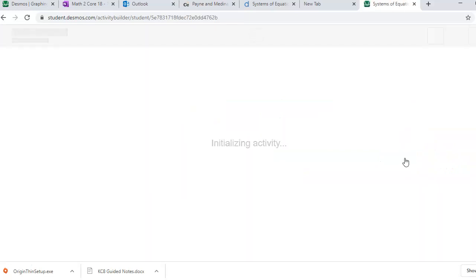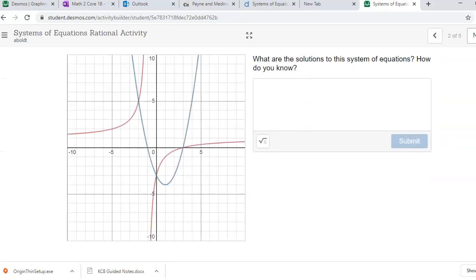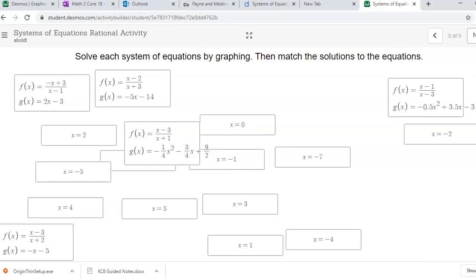It just has a few questions at the beginning. It asks what the equations are. You can just type in x equals. Those are the first two. Now for this one, it's asking you to match the solutions. Again, it's that drag and drop.